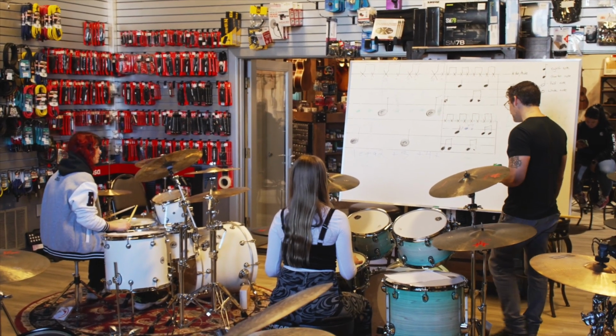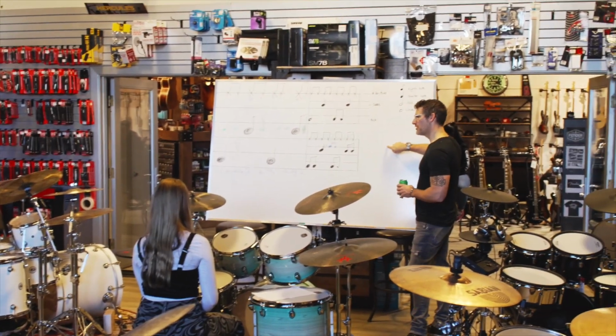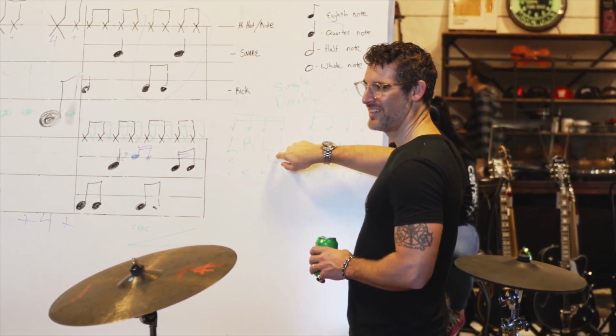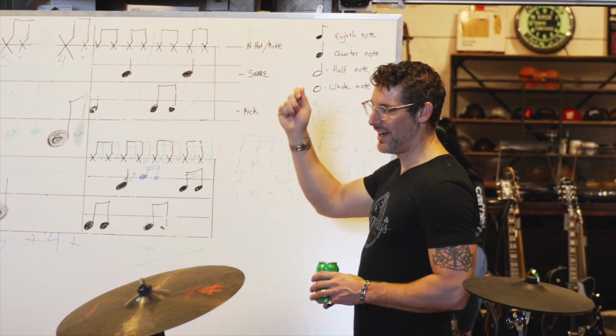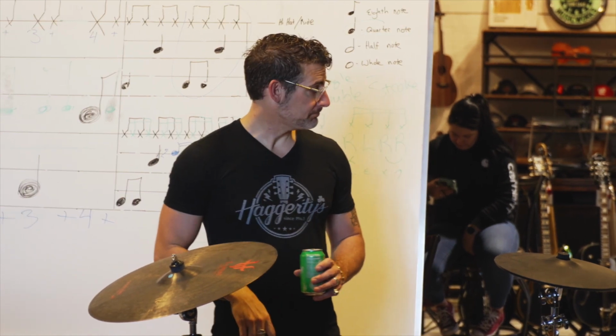Okay, so now, once it's fast enough, really this becomes a double stroke. At the speed we're doing it, pretty hard to do a double stroke at that speed, right? So that becomes ga-ga, right? Ga-ga, it's one hit.